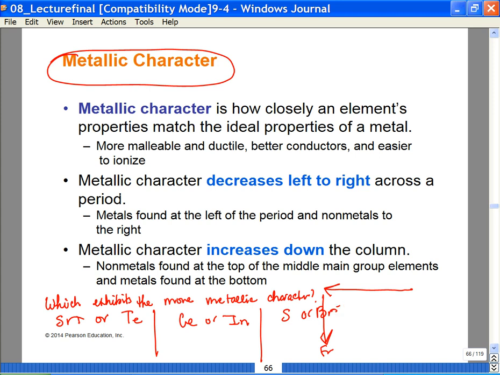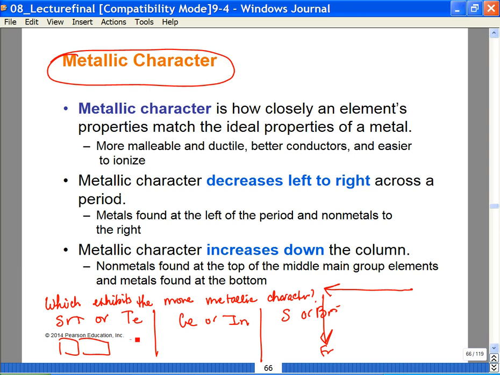Based on their location on the periodic table, tin and beryllium are in the same row, right?